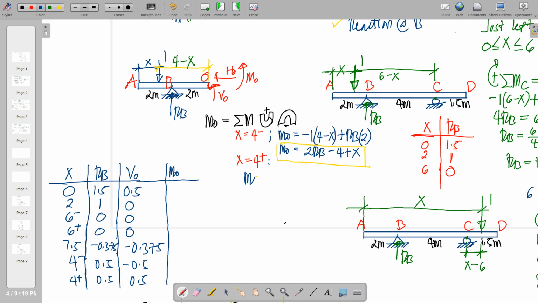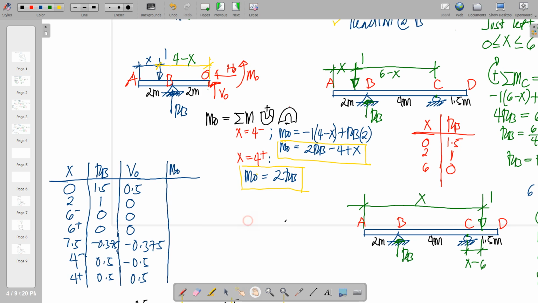So we have MO is equal to, 1 is no longer present here, so we'll just have to consider RB. So RB is a positive rotation. That is equal to 2RB. And this will be our equation for just right of point O.